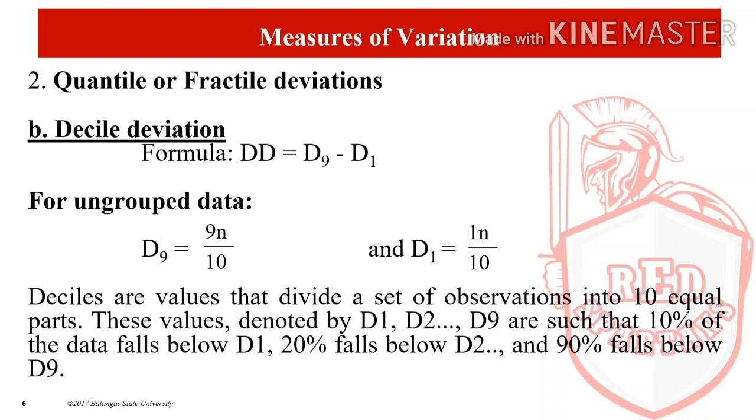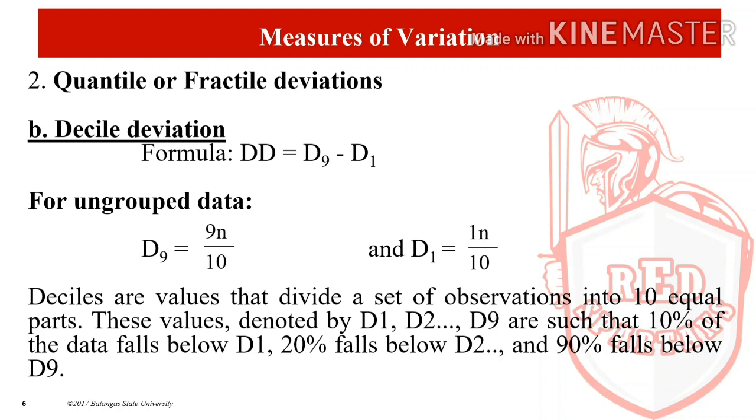So, D sub 9 minus D sub 1, hindi siya 9 minus 1 na direct na kung ano yung nakuha mong D9 at kung ano yung nakuha mong D1, yun ay yung gagawing or yun na yung kukuhanan ng difference.